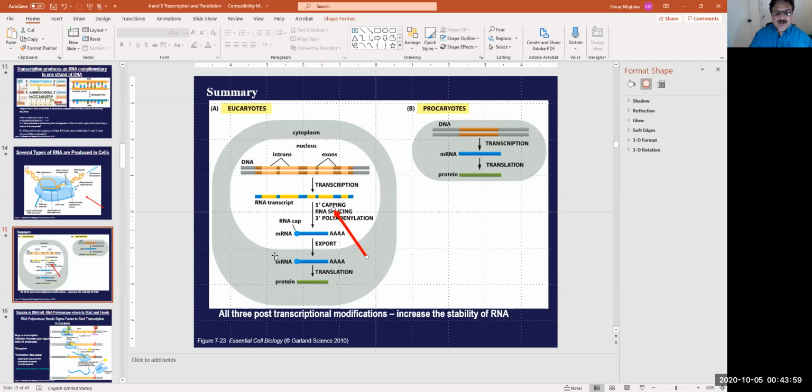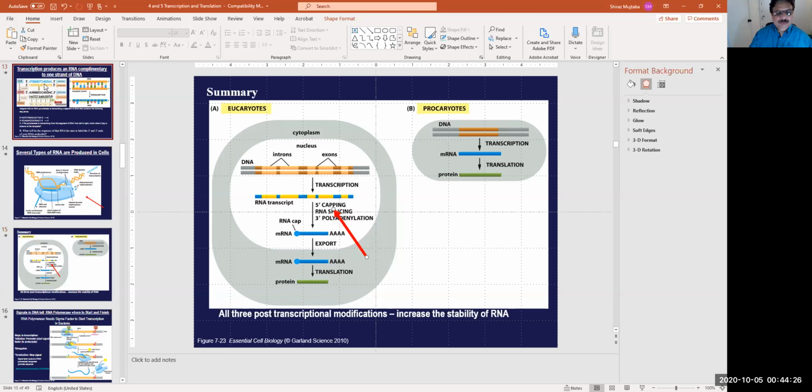So due to compartmentalization and the nature of the genes, because of the presence of introns and exons, multicellular organisms or eukaryotes have a multiple-step process in transcription. Whereas prokaryotes, where there is no nucleus, the genes are simple, and transcription occurs in the cytoplasm. Very simple, it's a one-step process.